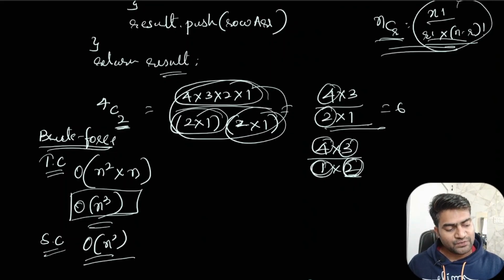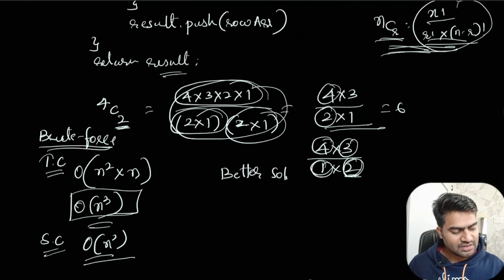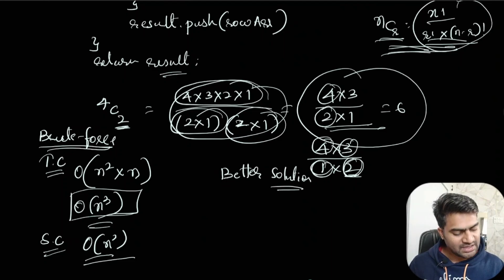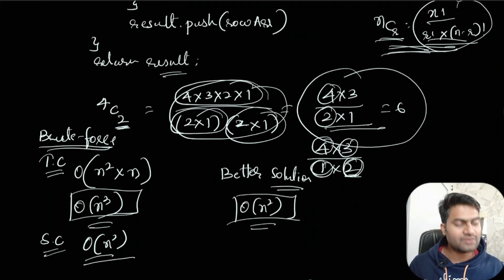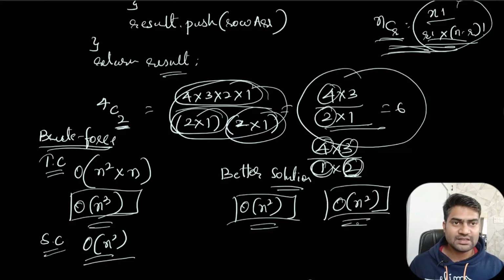Now, if we improvise this one a bit, then the better solution, basically using this particular way, gets reduced to O of n square, and we don't use anything extra apart from the O of n square space for storing the values.